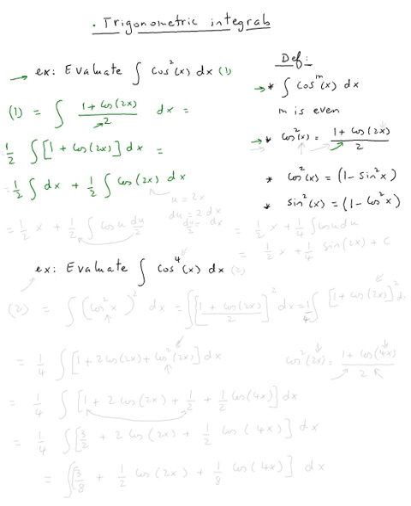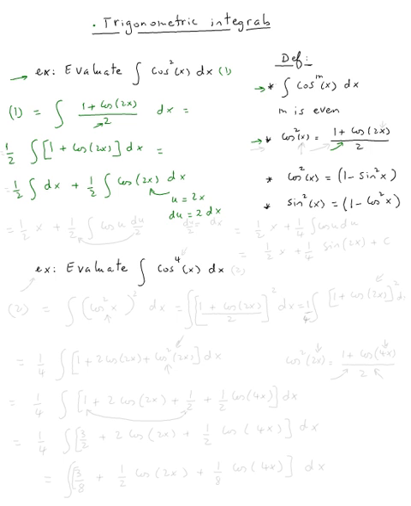Now this is a simple one. We have to let u equal 2x and use substitution. So if u is equal to 2x, then du will be equal to 2 dx. So let's just do it.